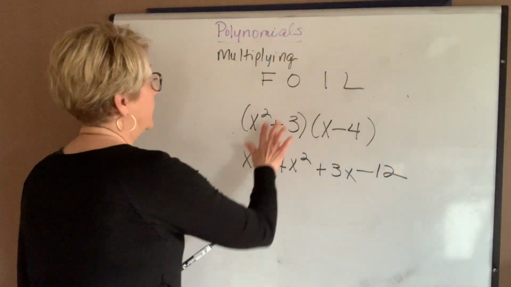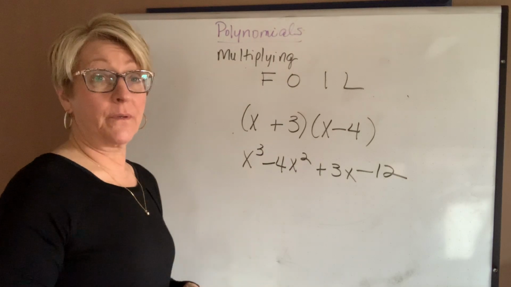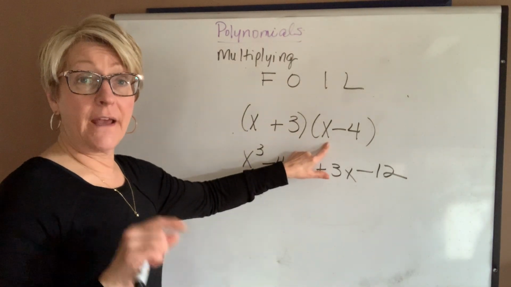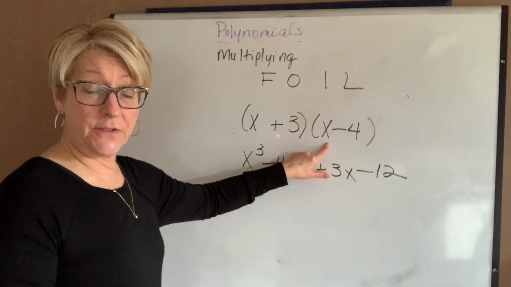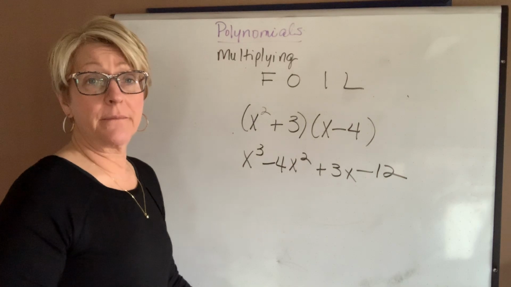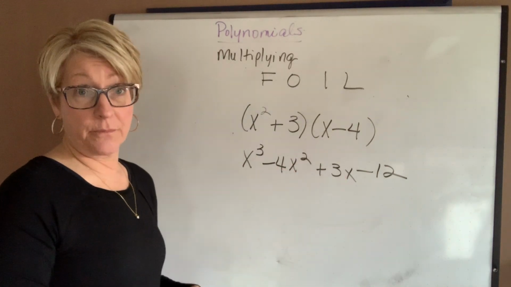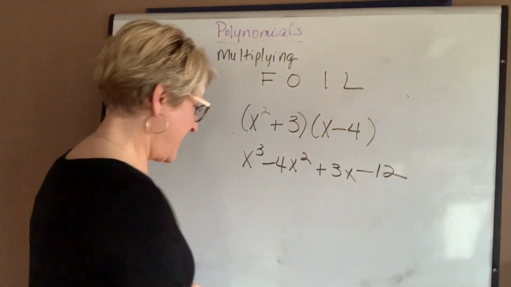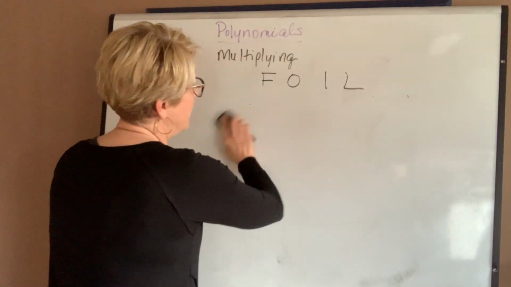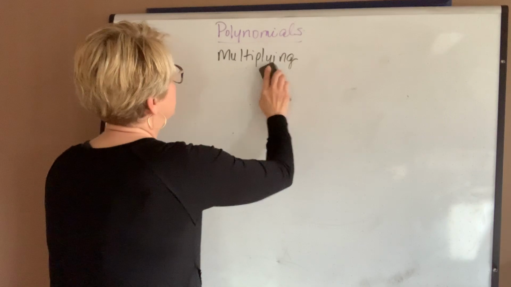When the variables in your binomials have the same exponent, that will produce like terms in the middle. But if your exponents are different, then you're not going to get 3 terms. All right. FOIL, I think, is something I'm hoping that you remember.